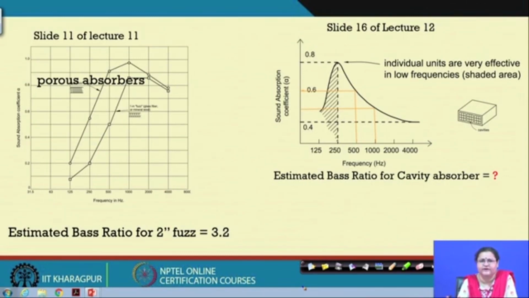Similarly, if you leave the hall entirely covered with cavity absorbers, you will also end up in problem. So, only the maximum 250 hertz frequency will be getting absorbed. So, you can think of mixing 2 or more absorbers, and it is kind of an iteration how you can reach that.